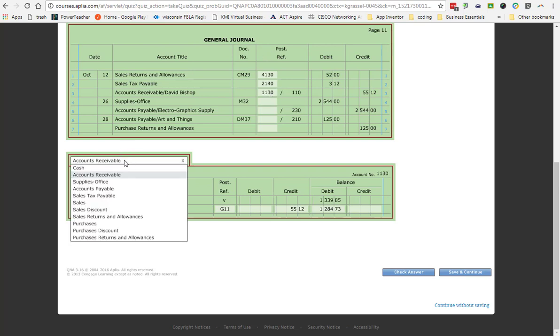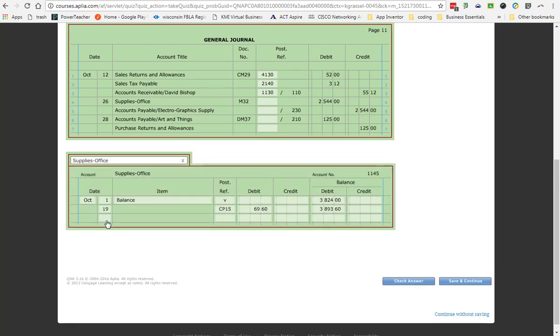Then you can do supplies office. Date of the 26th, G11. A debit of $2,544. $3,893 plus $2,544.